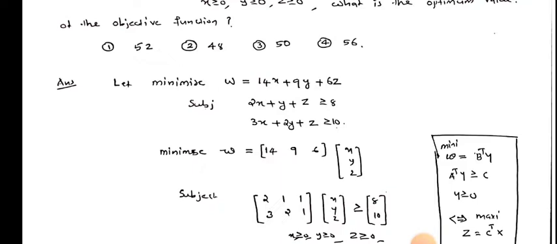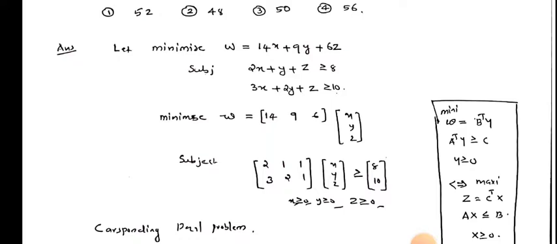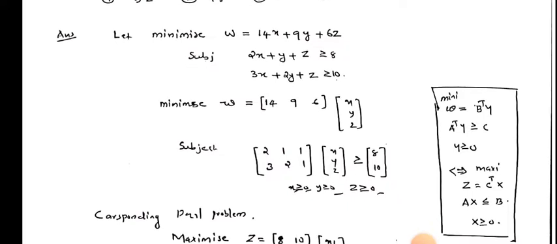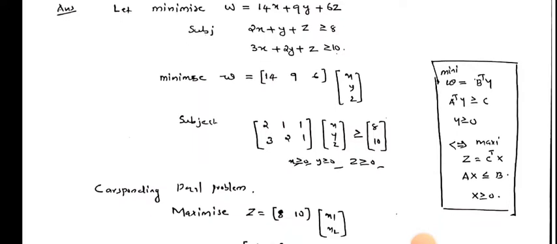Let us minimize W equal to 14x plus 9y plus 6z, subject to the constraints 2x plus y plus z greater than or equal to 8 and 3x plus 2y plus z greater than or equal to 10. First, convert this question into matrix form.